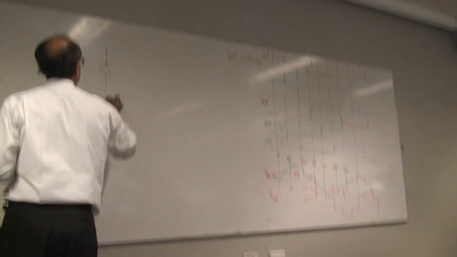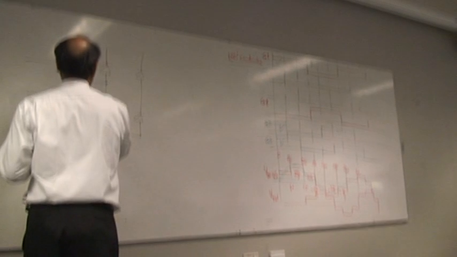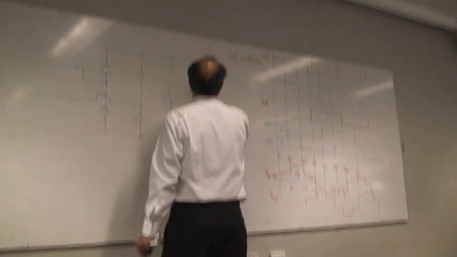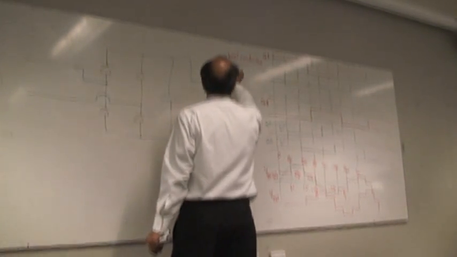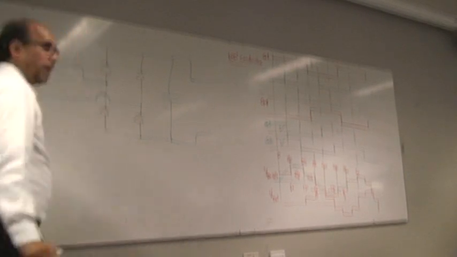So what you have here in the inputs, so you will have, basically that is now going to the inverter. So here you will have the inverter. So this is your V input.